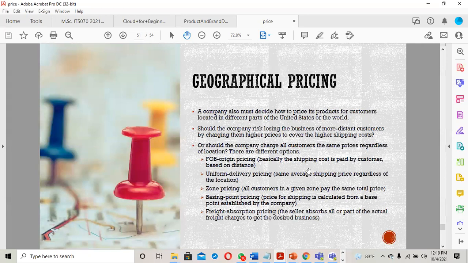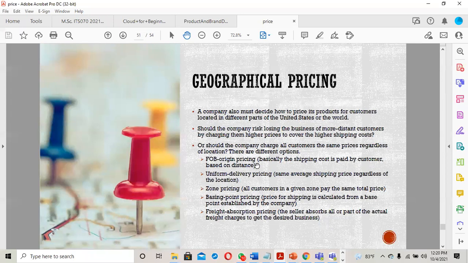Geographical pricing. This is something that the company has to decide: whether they are going to charge for transportation or have a fixed price. Depending on the geography and the transportation cost, you can arrange some pricing. There is free on board pricing, where basically the shipping cost is paid by the customer.